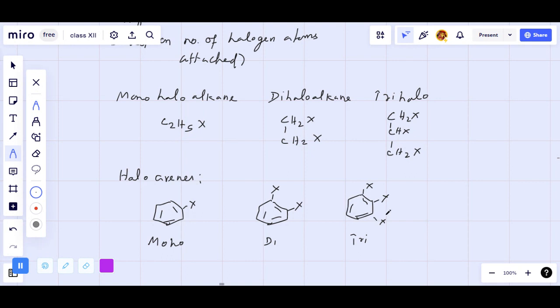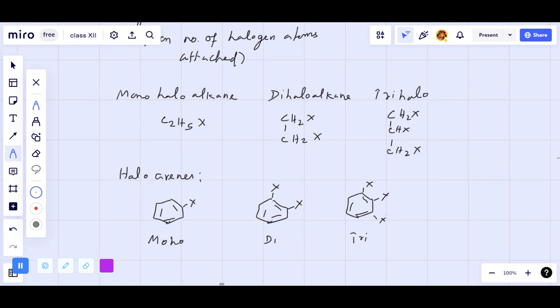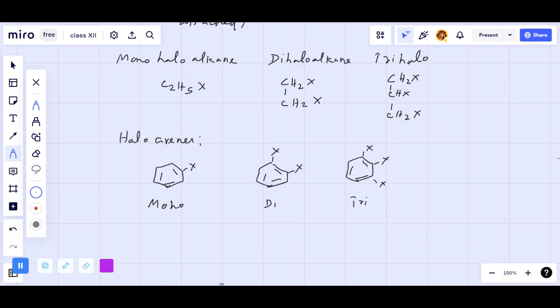So this is one classification of haloalkanes and haloarenes based on the number of halogen atoms attached.